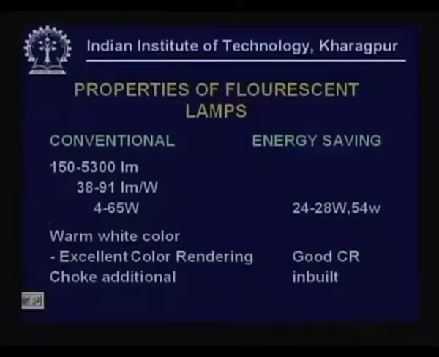They also give similar levels of light flux, with similar efficacies, but consume less. If you consider a conventional fluorescent lamp which we have been using, the standard one of 40 watts can be conveniently replaced using these energy saver units of around 24 to 28 watts.